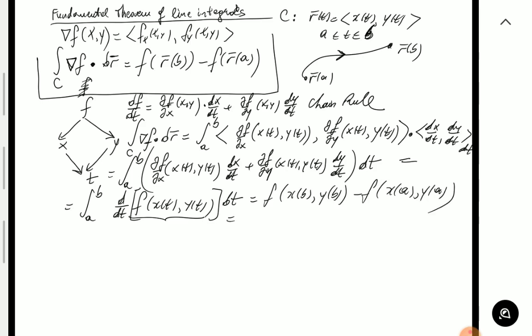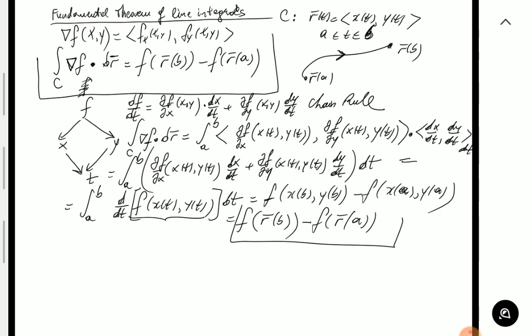But this is nothing but the function that gave you the gradient to begin with, evaluated at the terminal point minus the function evaluated at the initial point. I write it like that to appear in a more compact form, but basically you plug the initial and final points into the function f and then take the difference between the two.